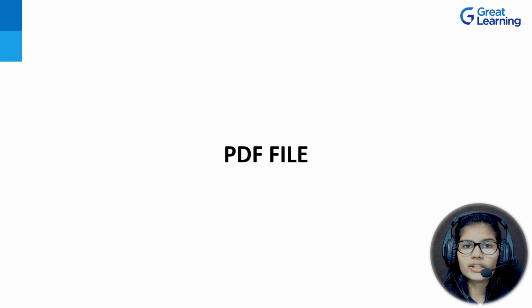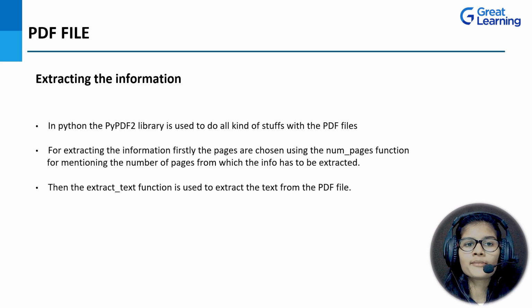Next, we saw the PDF files. How do we extract information from a PDF file? In Python, PyPDF2 is a library which helps you do all of this with PDF files.